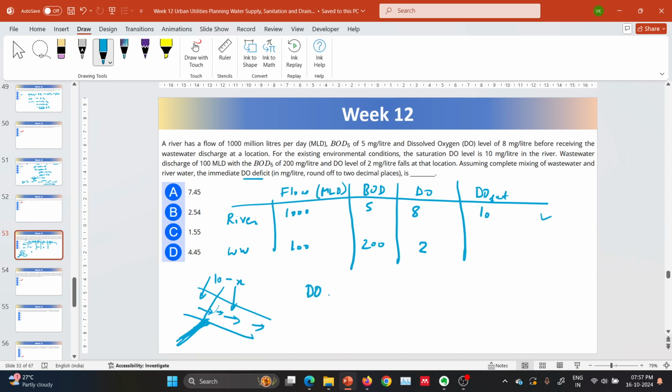So we'll find the DO of the mix. The DO of the mix is nothing but the weighted average: Q of river into DO of river plus Q of wastewater into DO of wastewater, divided by Q of river plus Q of wastewater.